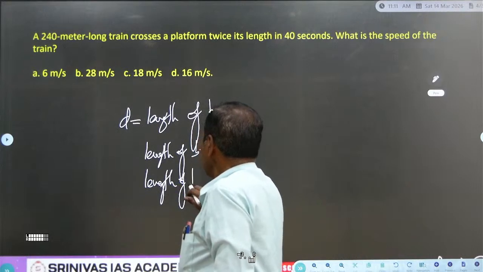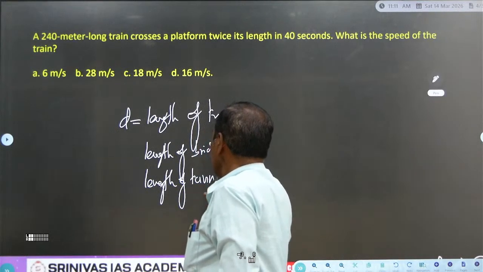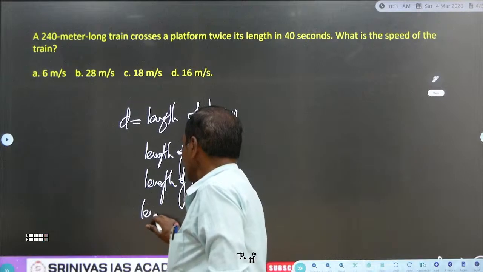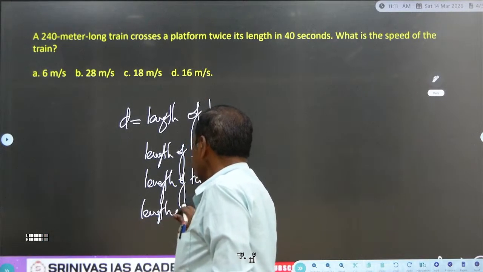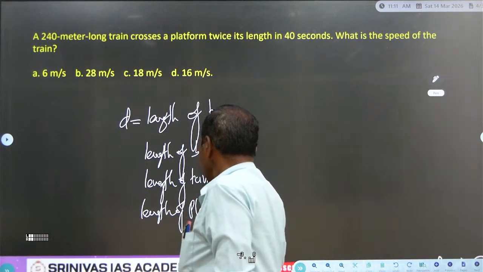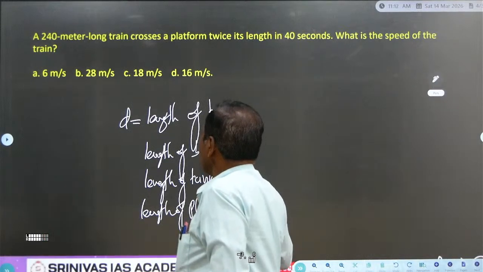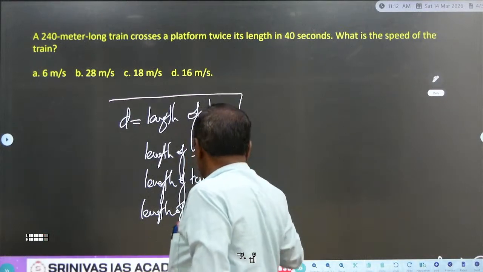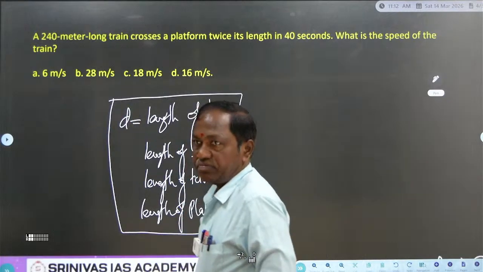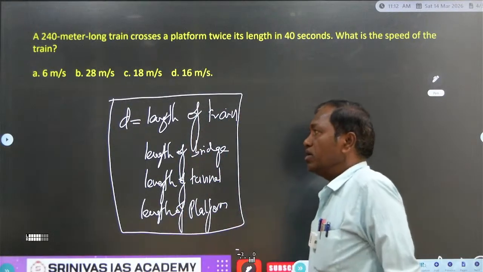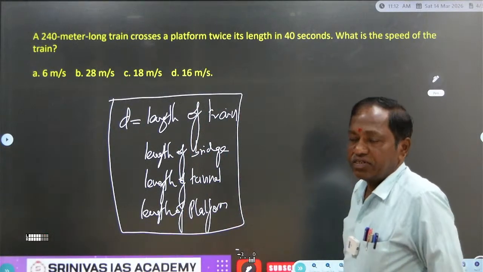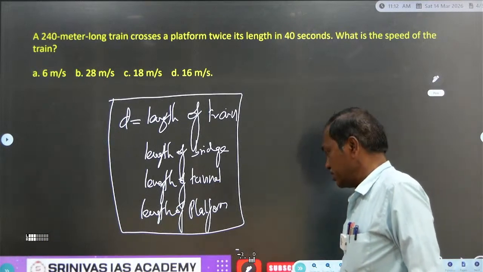Length of the platform can also be considered as distance, because a person cannot be considered as distance. These are the things.